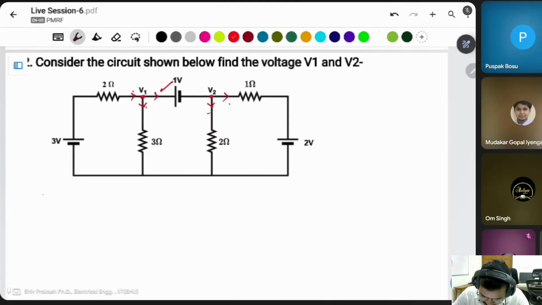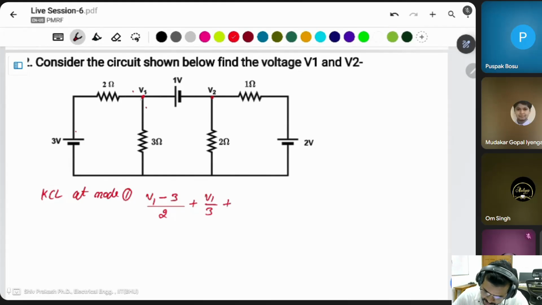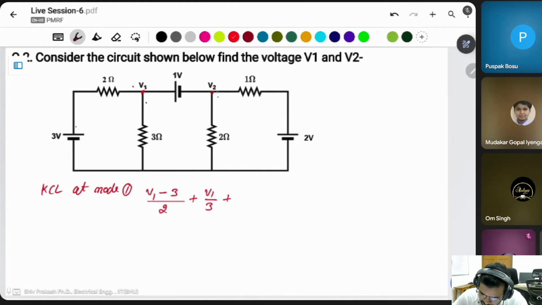Okay. KCL at node 1. Take all as outgoing current: V1 minus 3 divided by 2, since there is a 2 ohm resistor, then plus V1 by 3, plus then after here it goes to here, then V2 by 2, plus V2 minus 2 divided by 1 ohm resistor.